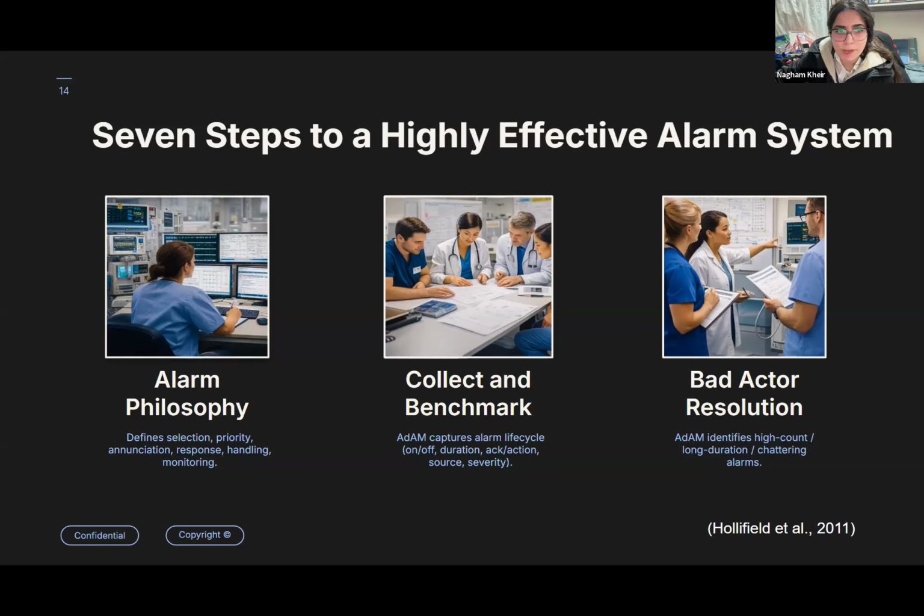Third stage, which is the bad actor alarm resolution. A bad actor is an alarm that dominates the load: the most frequent, the longest lasting, the most disruptive, or the most likely to fatigue the operator. ADaM generates bad actor reports and recommends configuration changes. That can include time delays, deadbands, correcting priorities, suppression rules where appropriate, and escalation adjustments.